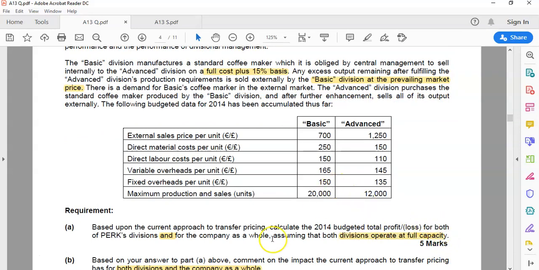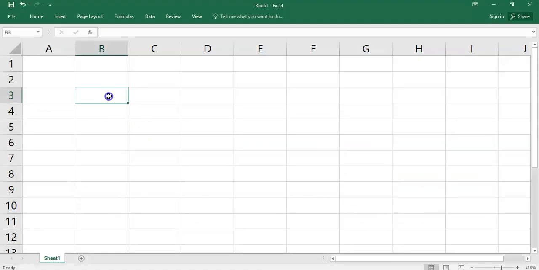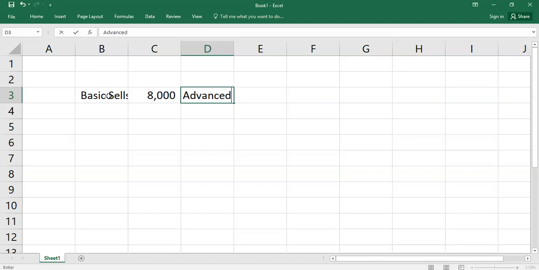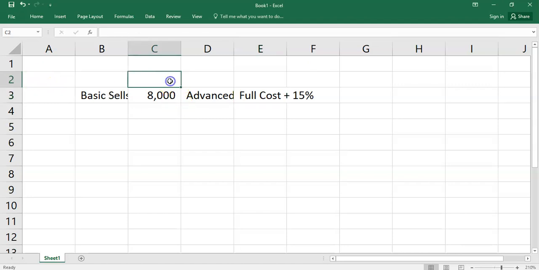So if you want to write it down: basic sells 12,000 to advanced at full cost plus 15%. Note how many, to whom, where, and at what price.